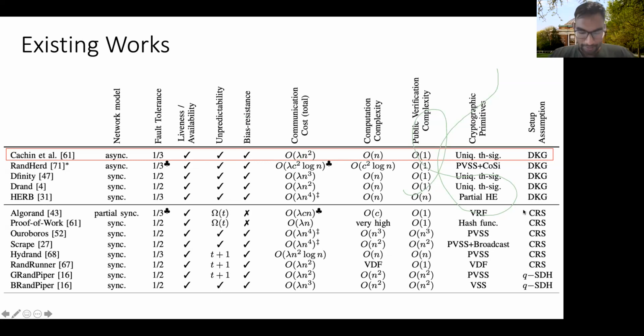But the thing is, if you have a CRS, let's say you can generate a common uniform random string by running some kind of multi-party computation protocol. The advantage of CRS is that once you generate a CRS for one protocol, you can probably use it for other protocols as well. I'm not saying you should definitely use that, but that's one advantage.